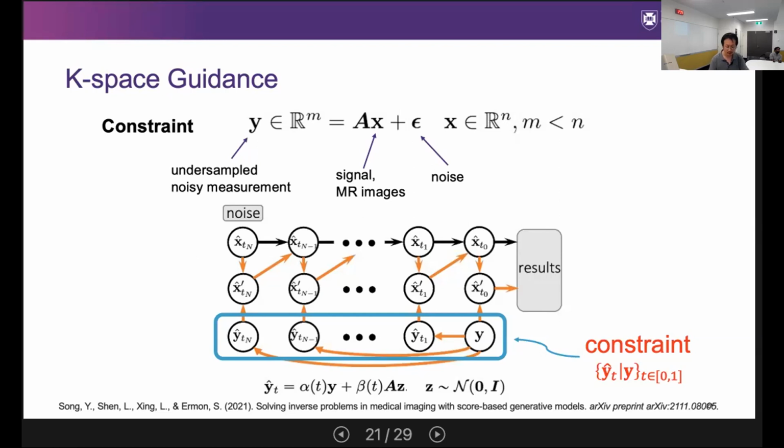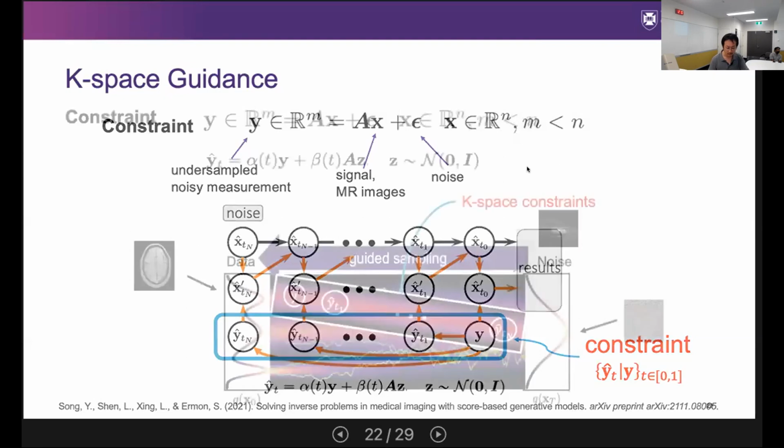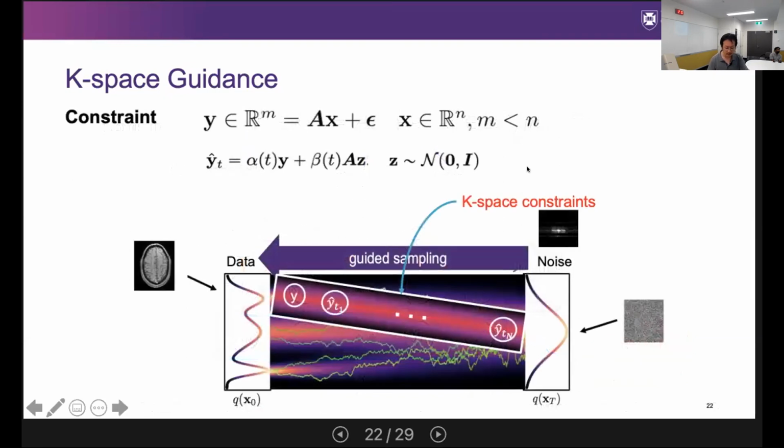Y is perturbed to the latent Y hat T to apply the constraint for each latent variable X hat T. This figure illustrates the constraint applied to the latent variable. The sampling process at each step needs to be consistent with the noisy version of the measurement Y hat.